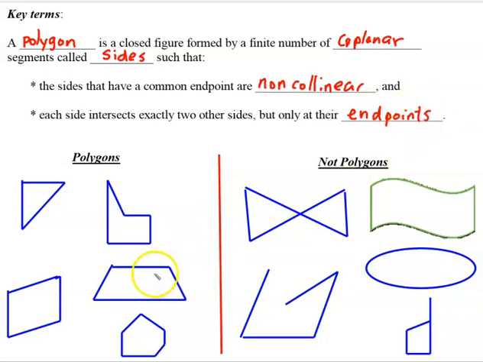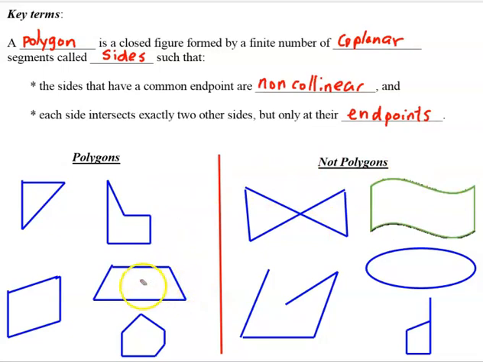So going back to that same example, these two sides intersect, but only at their end points. In other words, I would not have one segment here and another segment just coming in and intersecting there at a midpoint, for example.